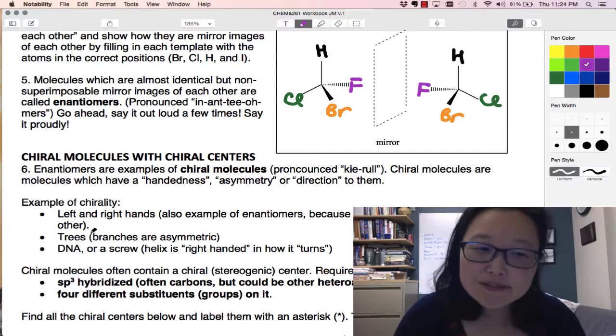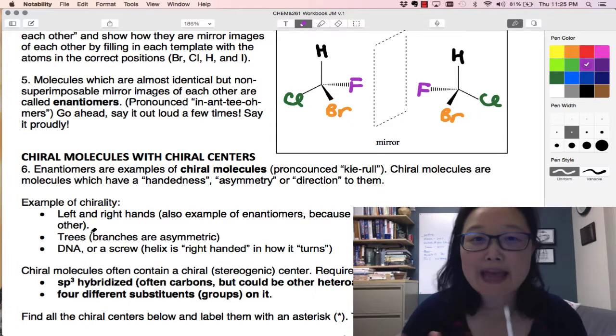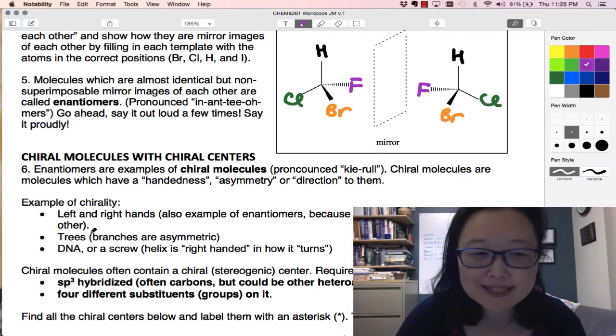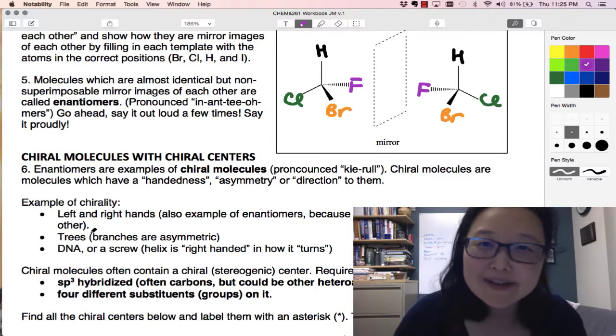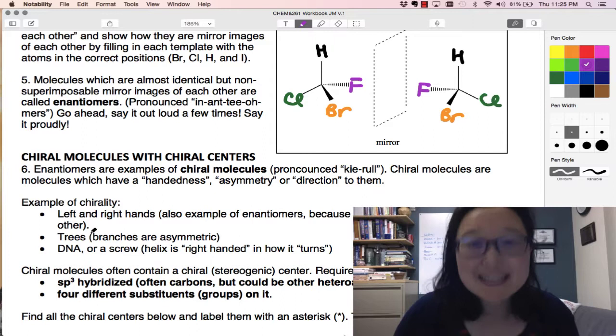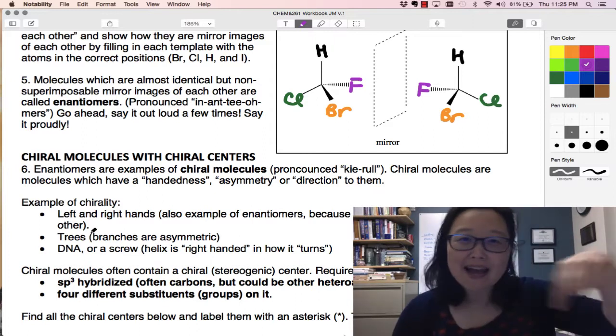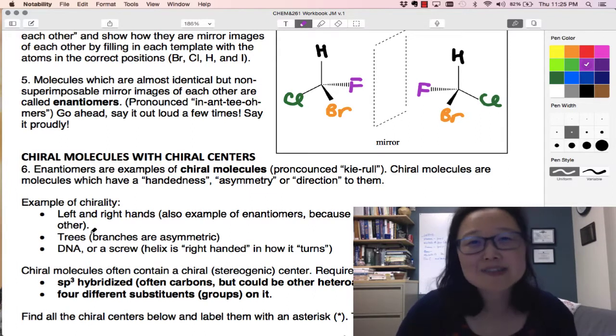So examples of chirality that we often see in nature are things like left and right hands or left and right feet. Trees, where you see the branching patterns are very different on one side versus the other side of a tree. DNA, notice that anything that has a sort of a spiral, spirals in one direction. That could be DNA or seashells or things like that.